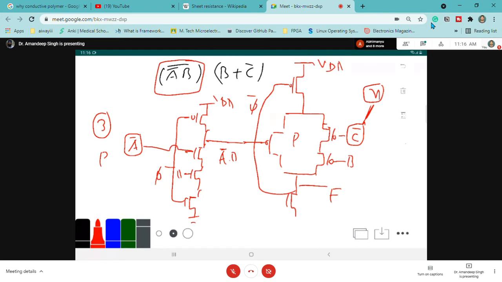So we have to implement NMOS logic to convert C to C bar and PMOS logic to convert A to A bar. Okay, so 3 will be this, and how many of these? 1, 2, 3, 4, 5, 6, 7, 8, 9. 9 and 6, that will be 15 transistors used.